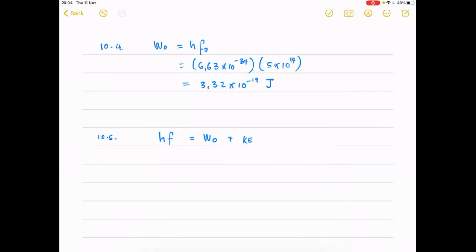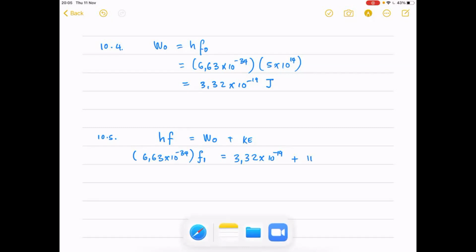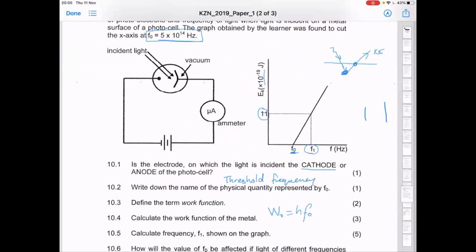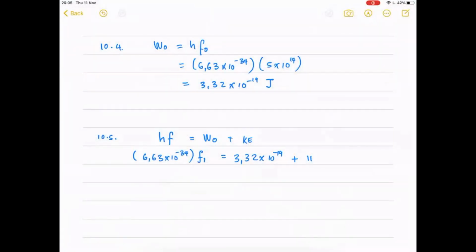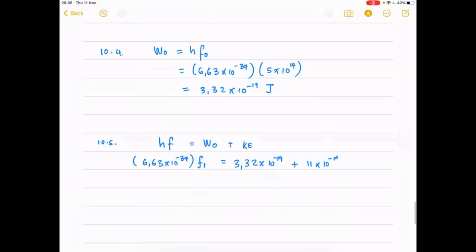So hf is 6.63 times 10 to the minus 34 times f1, which we're trying to find. That is equal to the work function, 3.32 times 10 to the minus 19, plus the kinetic energy, 11 times 10 to the minus 19, from the graph.